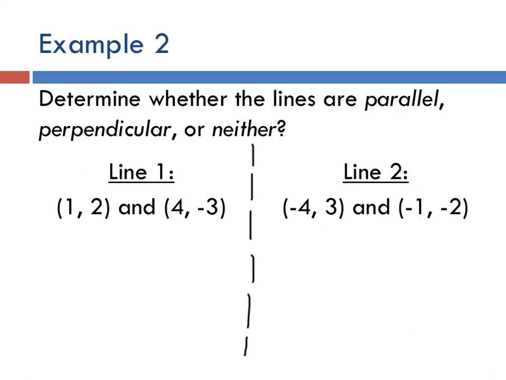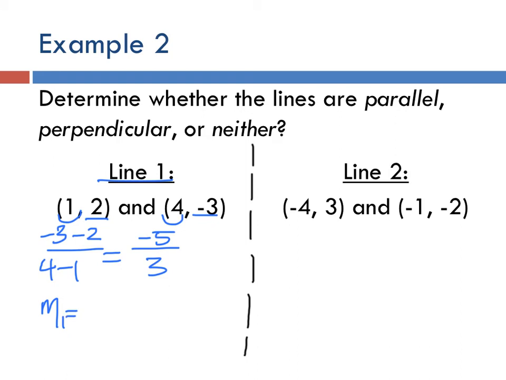So let's go. Determine whether the lines are parallel, perpendicular, or neither. Same exact thing. For line 1, find the slope: you get negative 3 minus 2 over 4 minus 1. You would get negative 5 over 3, so that's slope 1 equals negative 5 over 3.